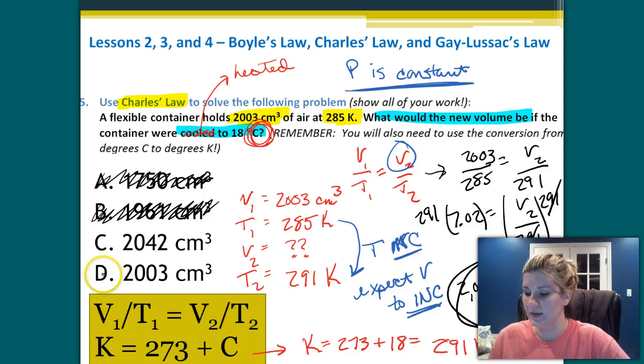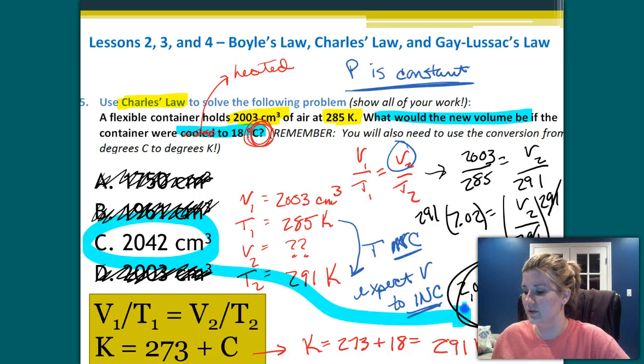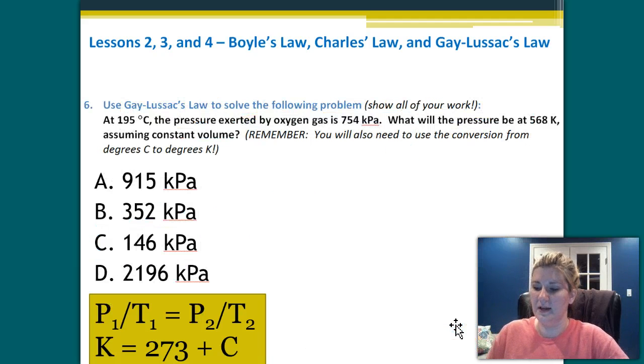We'd eliminate D because it's the same as 2003, and then by process of elimination we get C, 2042, but it also happens to match the answer we got, off by a few single-digit units, and that's no big deal. Pretty straightforward stuff. We've done it over and over and over again.